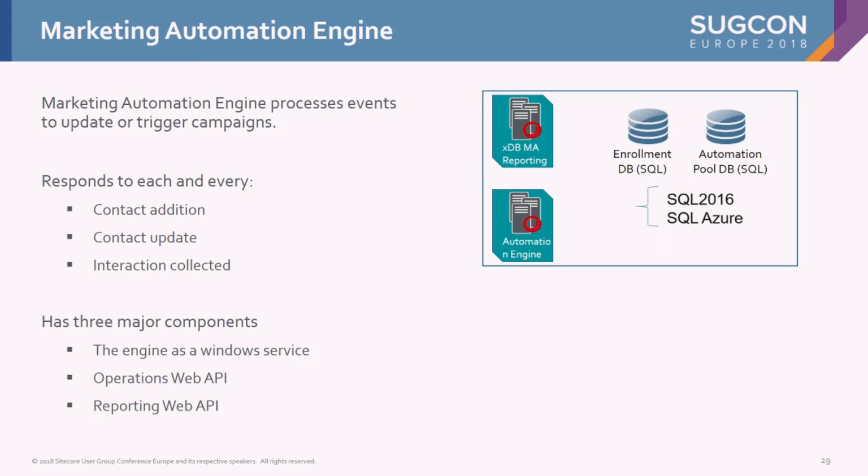If an interaction with your plan happens, or if an enrollment or any change to contacts within your plan is triggered, the marketing engine is going to start working. It's installed as a Windows service. You can have it as a standalone console application or as a web job in Azure.